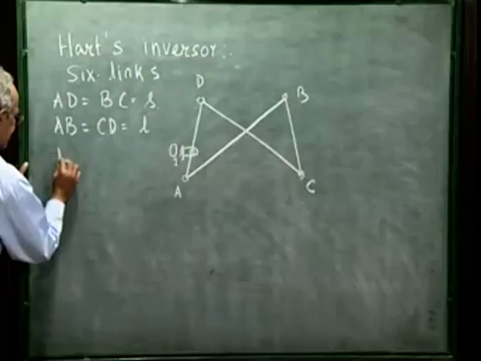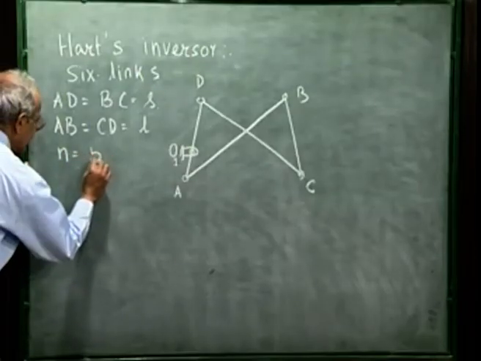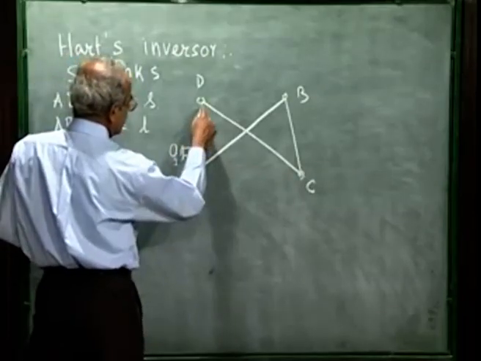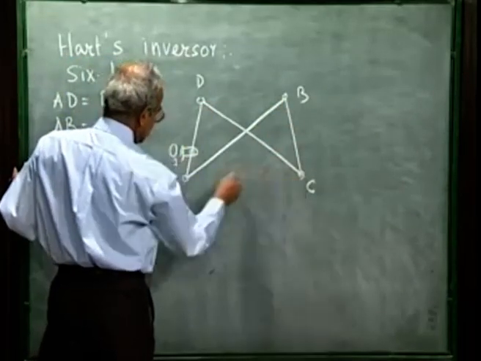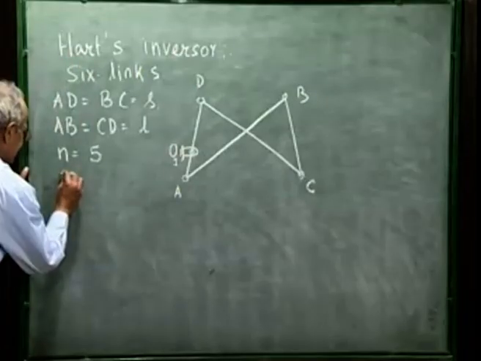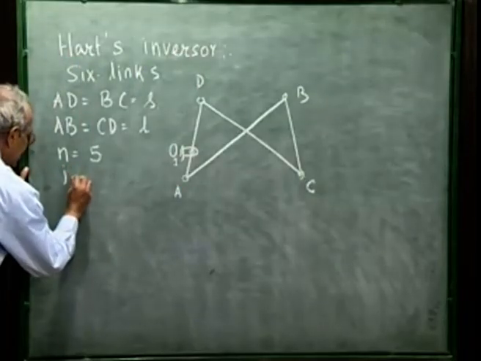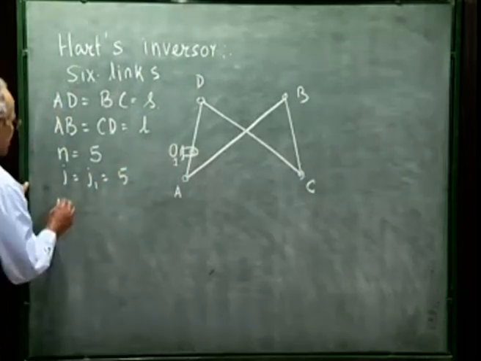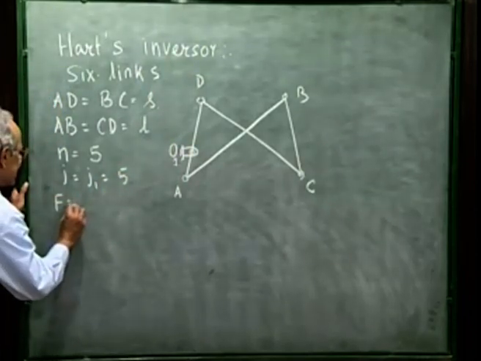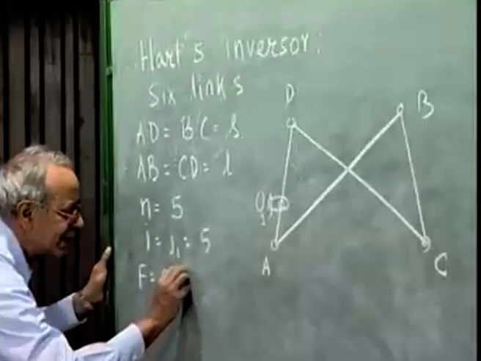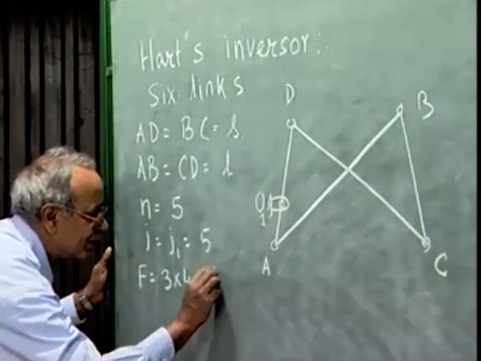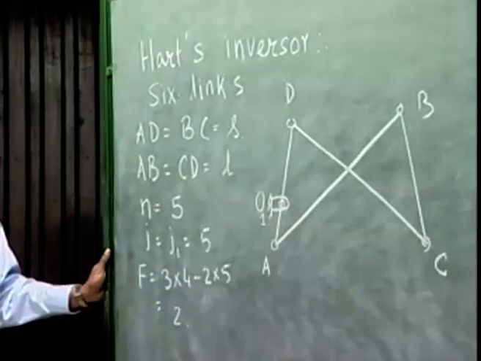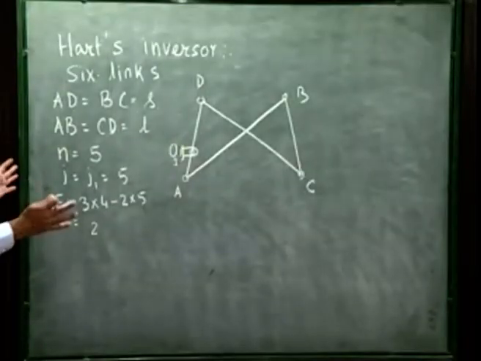So n is total number of links, n is 5, and we have 1, 2, 3, 4, 5 simple hinges. So j, or j1, is also 5. So the degree of freedom is 3 into n minus 1, that is 3 into 4, minus 2 into j, that is 2 into 5, which is 2. So again we find this figure is deformable.